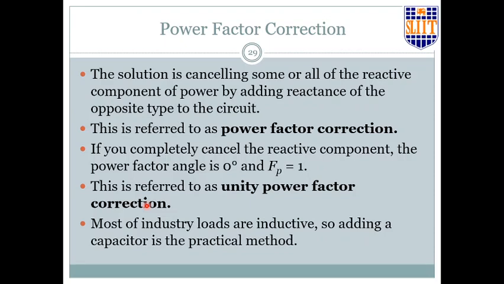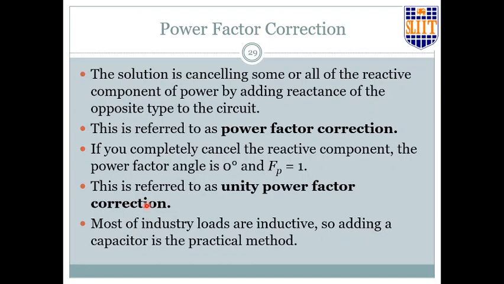what about the loads that are there in the industry? What do you have? You have motors, fans, lights. When you consider the lights, the power consumption of the lights is much less compared with the motors, fans, and things like that.